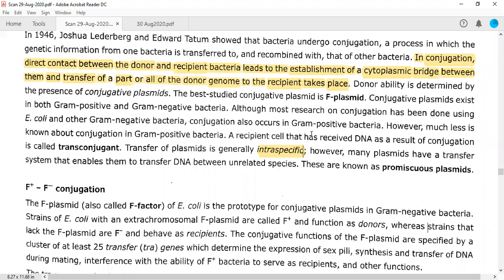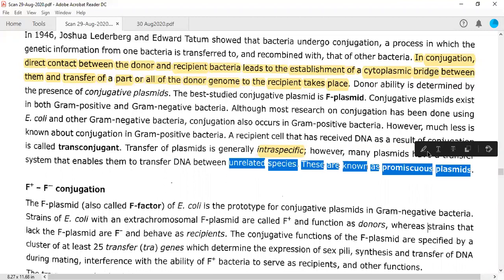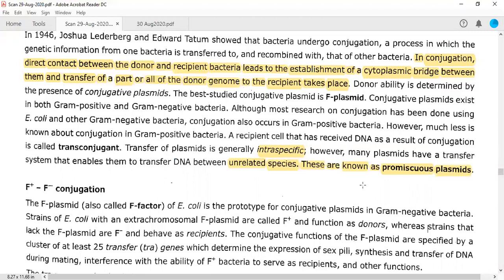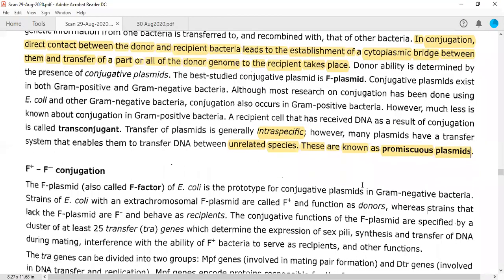If it happens between unrelated species, these are called promiscuous plasmids. You need to note this: promiscuous plasmids are transferred between unrelated species of bacteria.